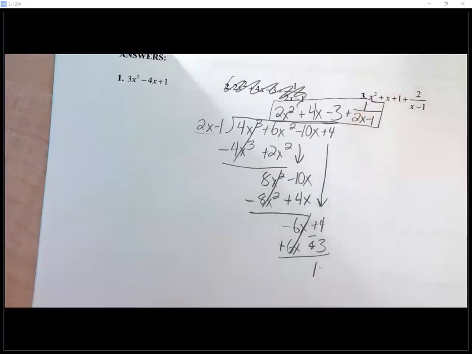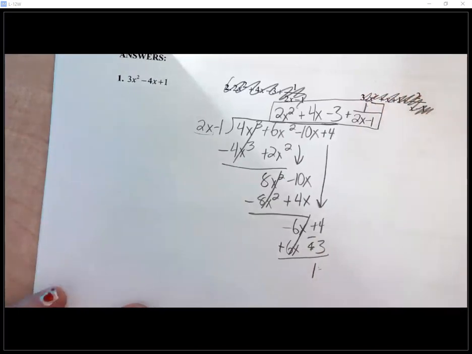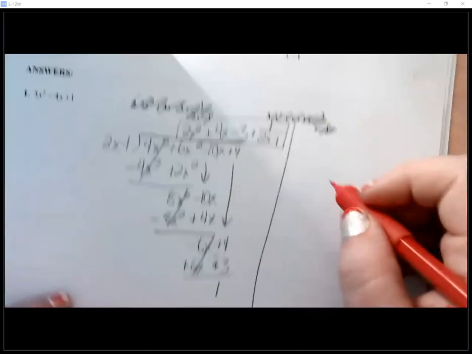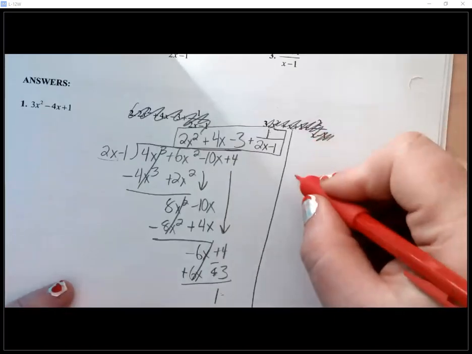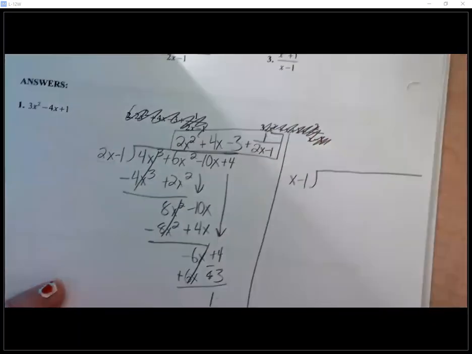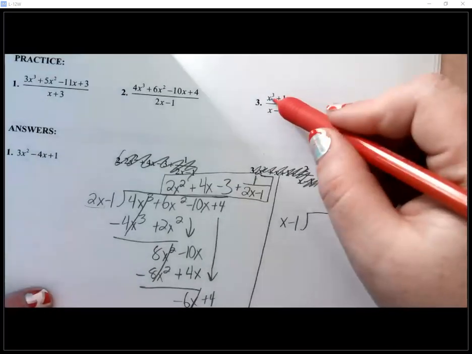Thoughts? Easy? Try number 3. Again, don't look at the answers. What do you have to do on number 3? Oh, placeholder. Yes, this time I need placeholders. See how I have x to the 3rd?